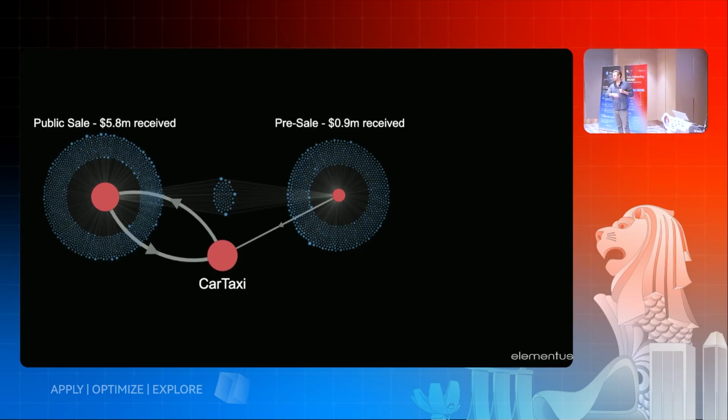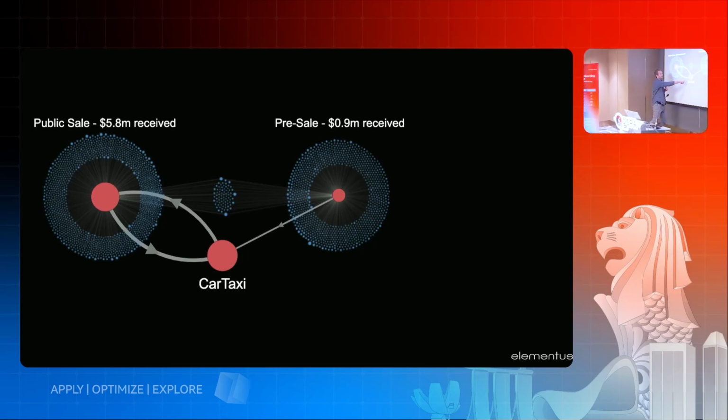All those blue circles are third-party investors sending money to that smart contract. And we know this is the Car Taxi wallet address because even though wallet addresses are anonymous, well, if Car Taxi is saying, hey, send money to my smart contract, the smart contract would only ever forward that investment to the Car Taxi wallet. And so from that, we have figured out who's who effectively on this blockchain.